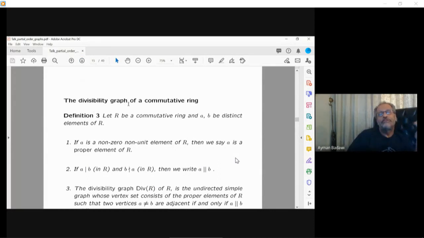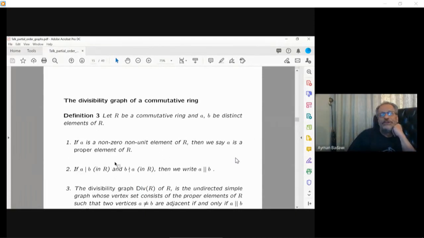The divisibility graph. We introduced many graphs in this paper. One of them is the perfect divisor graph. The divisibility graph is what you expect. You choose R to be commutative and a, b distinct elements. Then we say a is a proper divisor of b if a is non-zero, non-unit.